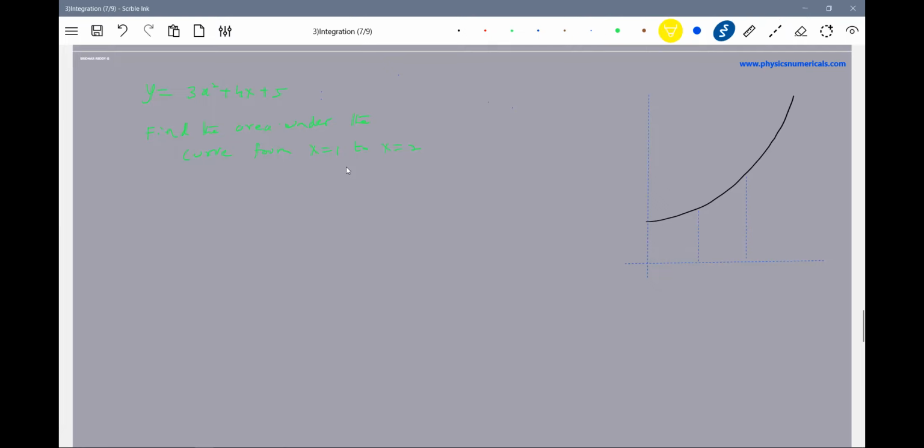This particular area under this curve has to be determined. It's not a trapezium once again. So what we do is, again, we'll assume a strip. This is y.